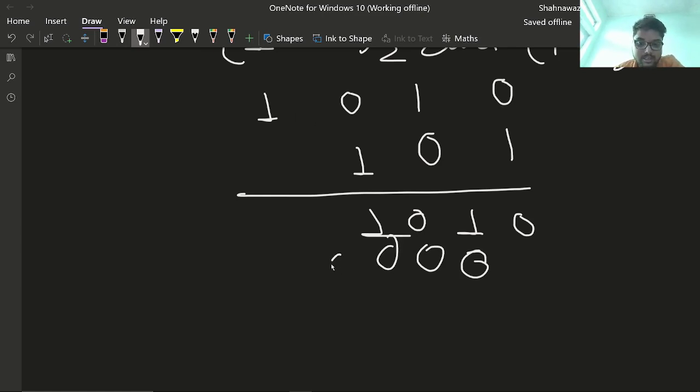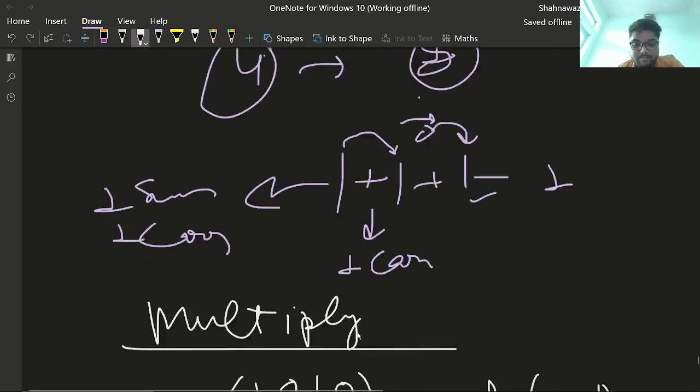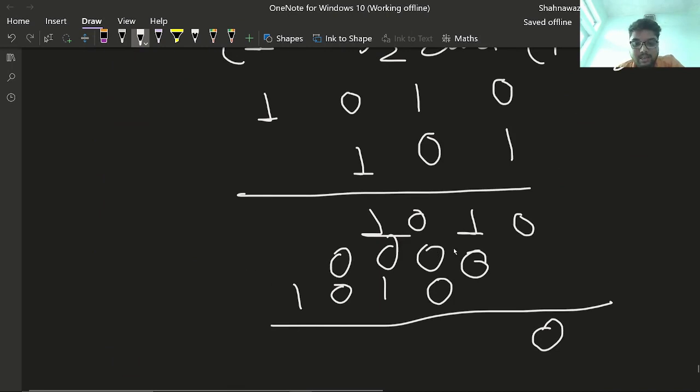One space is left here. Then multiply by 1, and simply write the number as it is. Now perform addition. See why I told you this rule: sometimes it can give three ones, like when you have one here, one here, one here, then you have to perform the operation with the last rule, that is the fifth rule of addition.